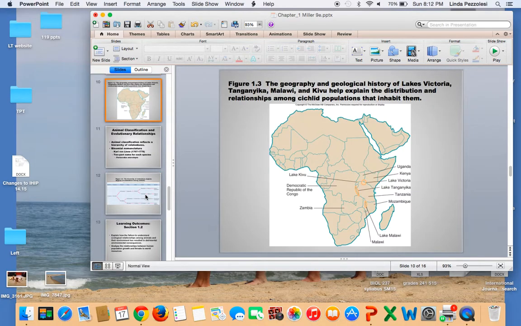So the cichlid populations in Africa have been traced back actually 200,000 years. The original populations were here in this tiny little lake here, and also in this larger lake in the middle. And from there, fish populations have spread.